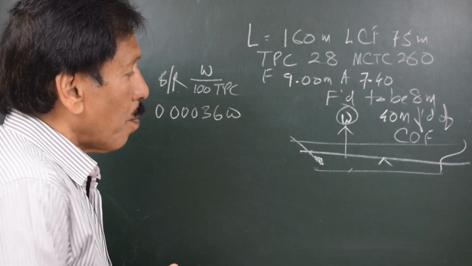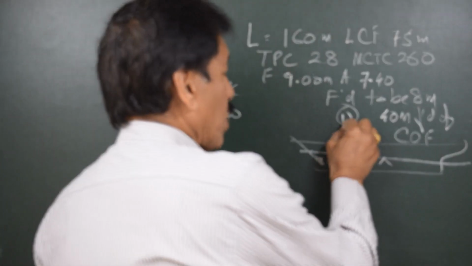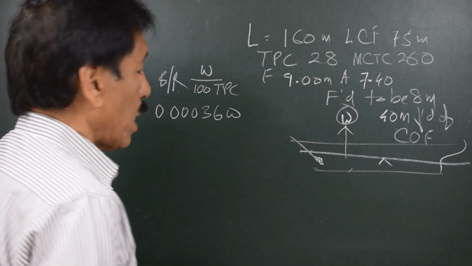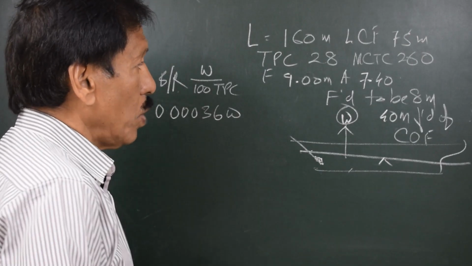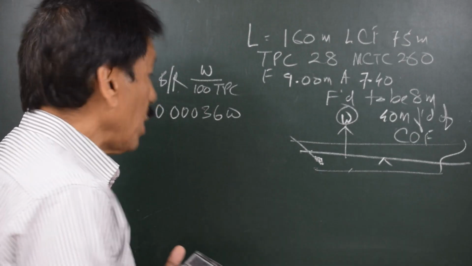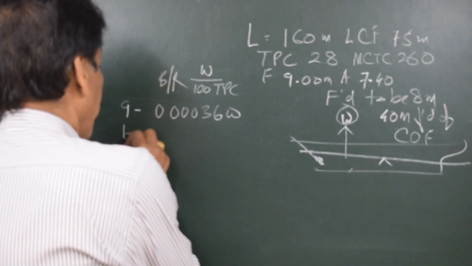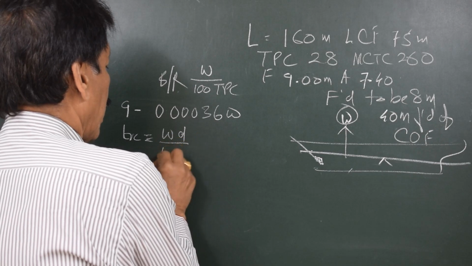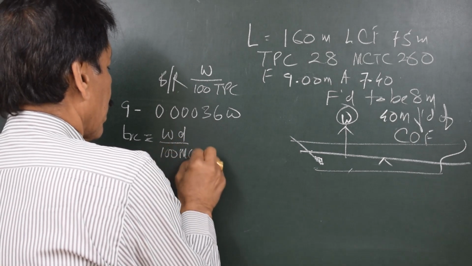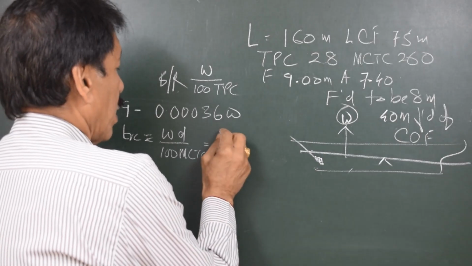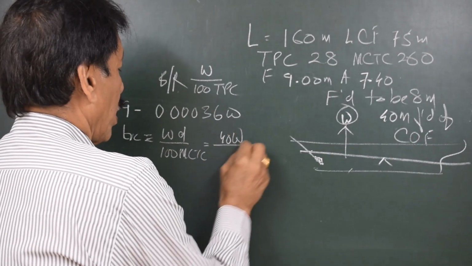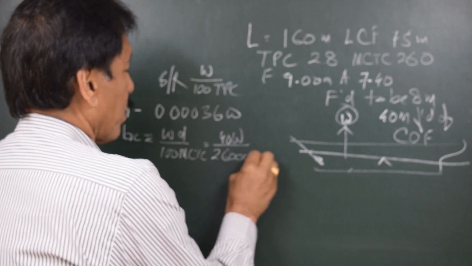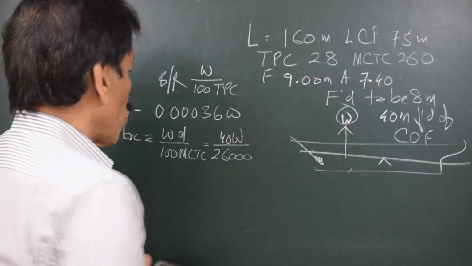Now, because we have discharged a weight of W at a distance of 40 meters, it is going to cause a trimming moment of 40 W, and it is going to change the trim. TRC is going to be W times D upon 100 MCTC. That is 40 W divided by 26,000, because MCTC is 260.